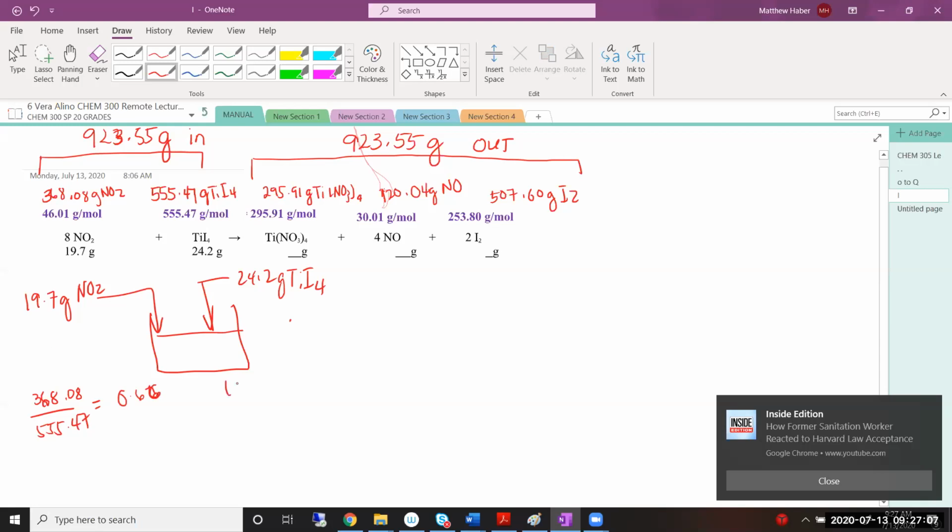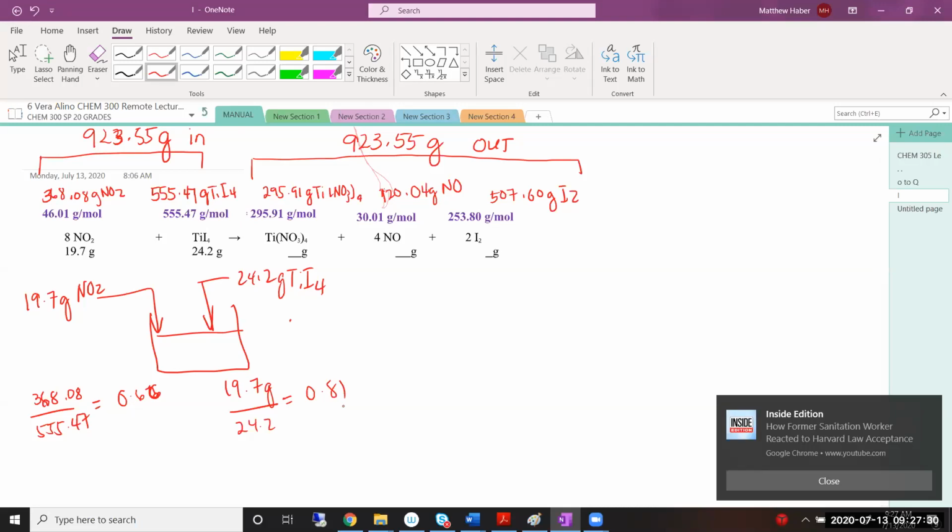If you compare the ratio of these masses, 24.2 grams, if that is 0.66, then they are stoichiometric amounts. Nope, they're not. The ratio is 0.81. So they're not stoichiometrically equal.